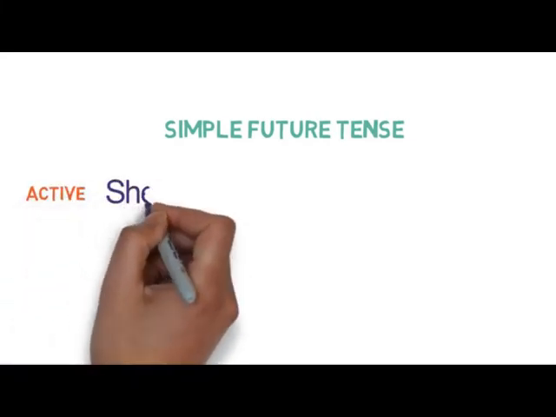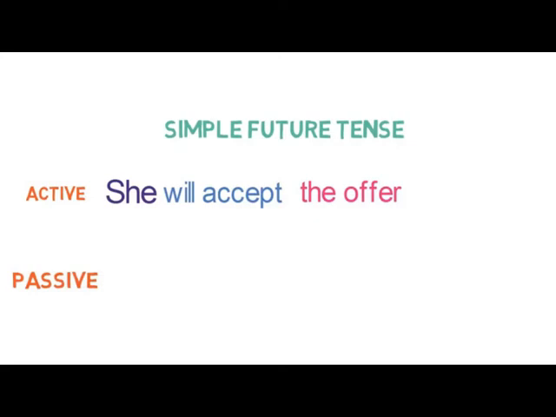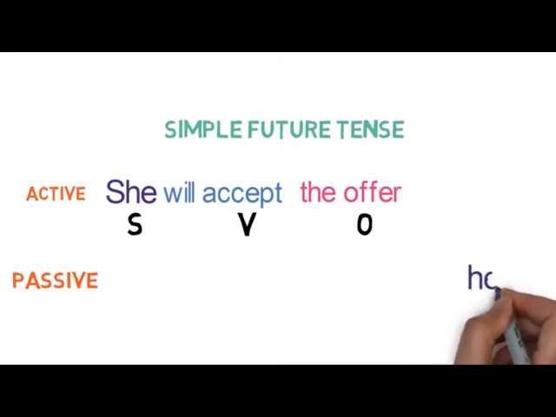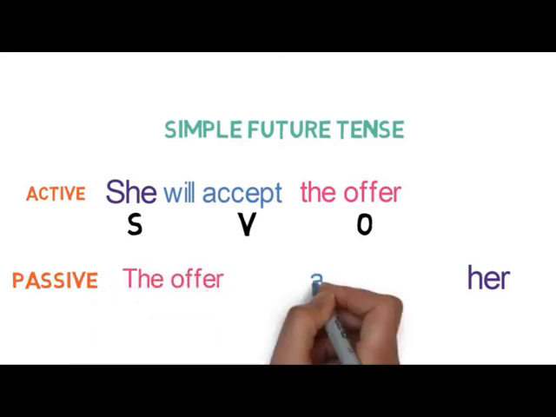And we have also simple future tense. She will accept the offer. She is the subject. Will accept is the verb. The offer is the object. So as we swap, we will start with the offer. Then we finalize with her, because we must change she to be her.